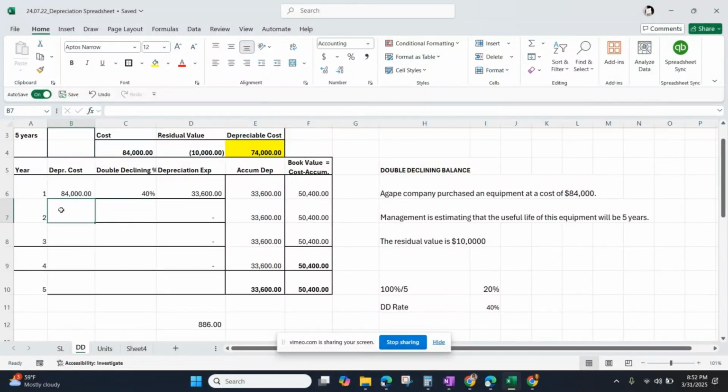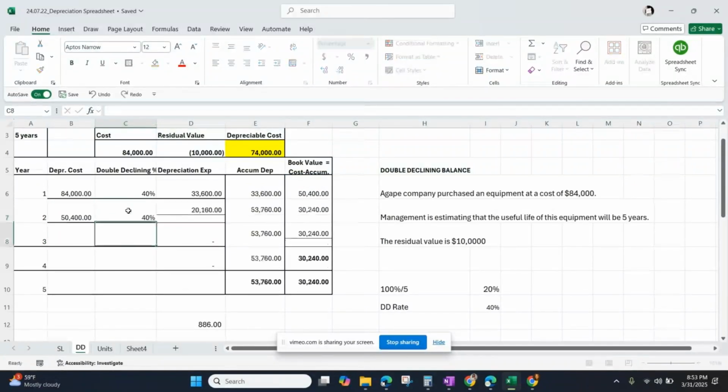All right. For the second year, we don't continue with the cost of the asset. Now we have to take the ending book value of the first year, because this will become the beginning book value of the second year. So $50,400 will be our new depreciable cost to calculate the second year depreciation.